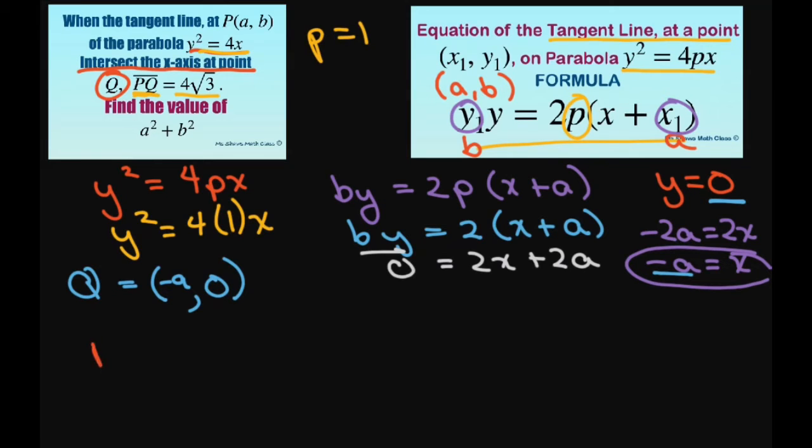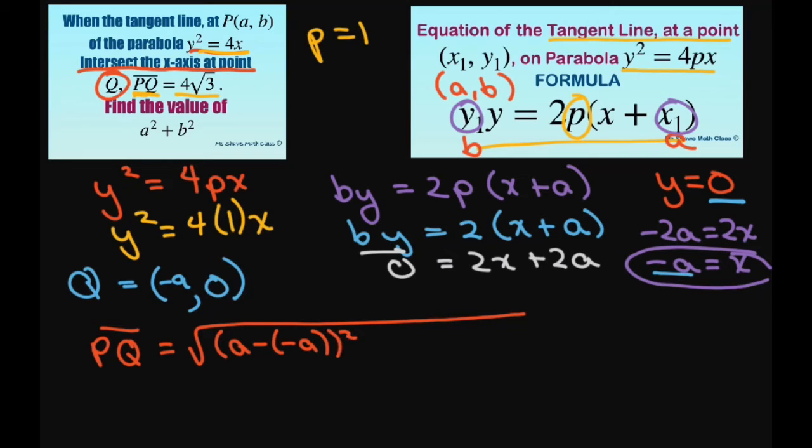So the length of PQ equals, use your distance formula, the square root of (a minus negative a) squared, where my two points are this one and my P, don't forget, that is (a, b), plus (b minus 0) squared.